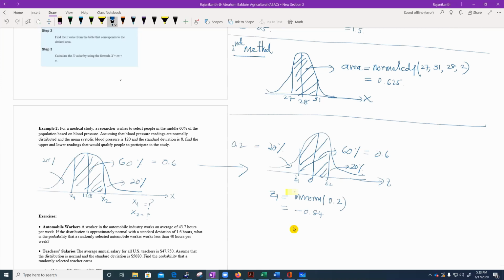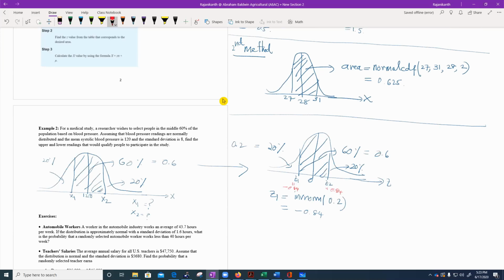If Z1 is negative 0.84, because of the symmetric, now I could say that Z2 is positive 0.84. Okay, why is this? Because of the symmetric. So this is very easy once you change into Z because you are finding only one Z value. Once you know one value, another one will be the same value with the opposite sign.